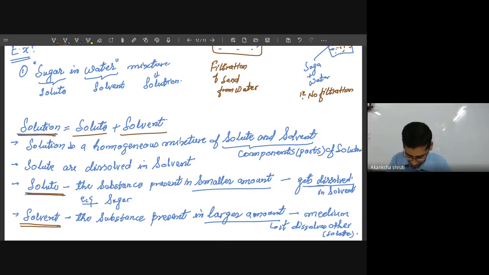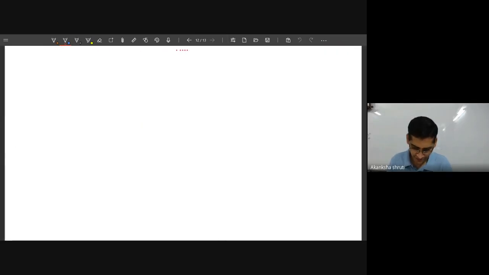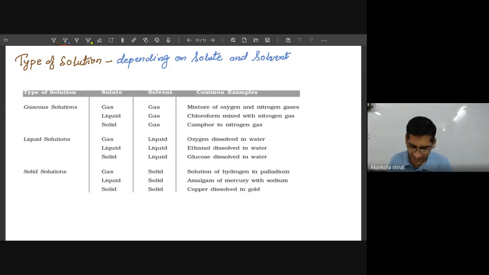Now, depending on the amount of solute and solvent, there are different types of solution, and we define a term called concentration of solution. What are the various types of solution? Say gaseous solution. Students, always keep in mind that if I am talking about a gaseous solution, it means our solvent is gas.